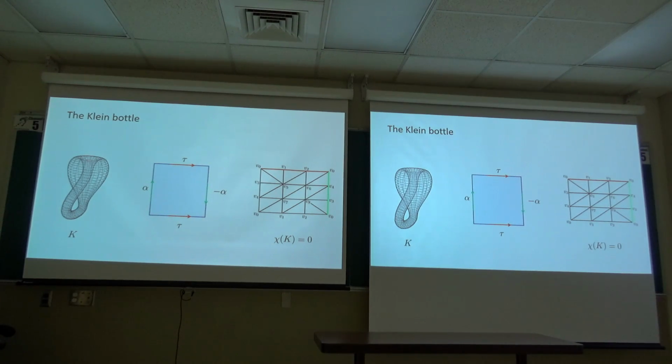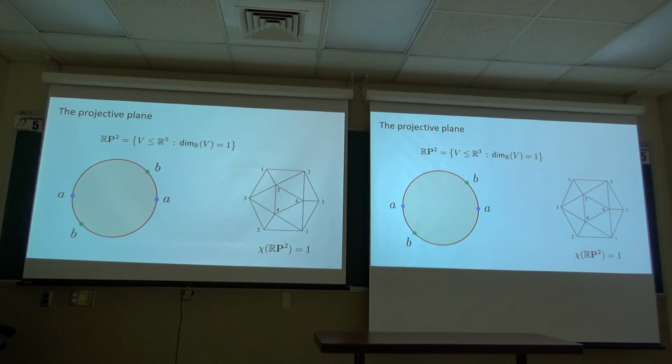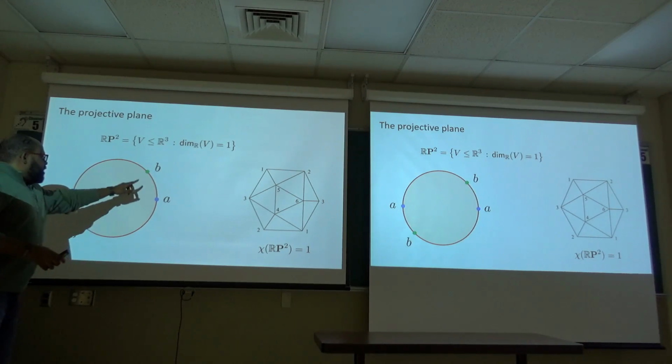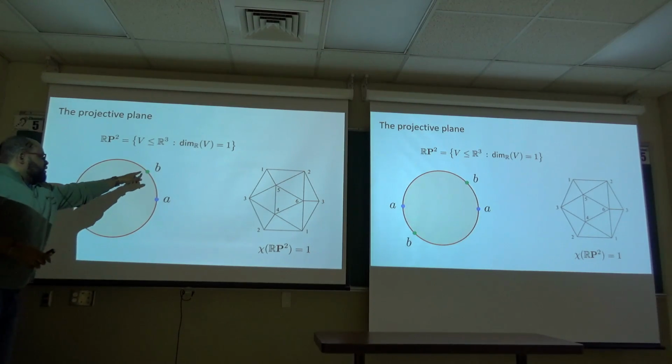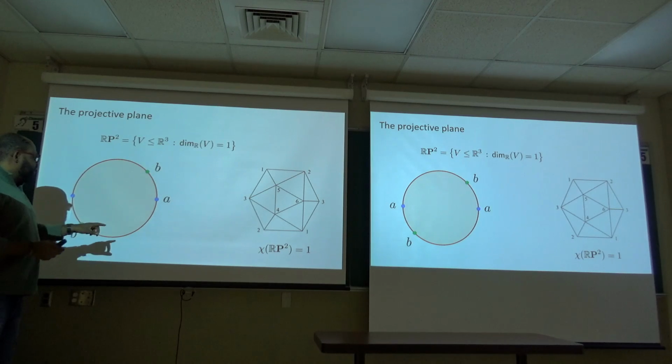So we've seen at least 3 examples with not too many values of Euler characteristics. Another example is the projective plane. One way to think about it is take a disk, and we're going to identify the boundary points as follows.